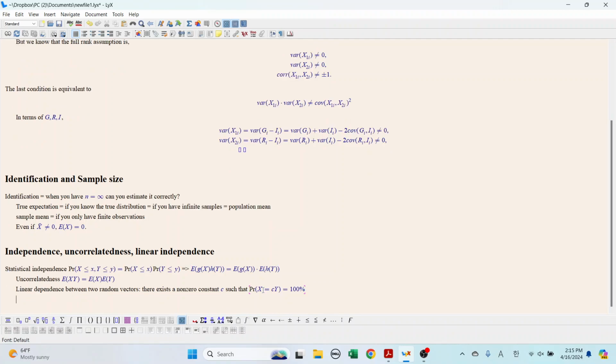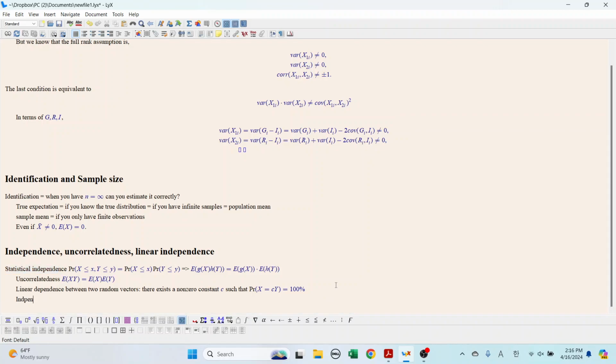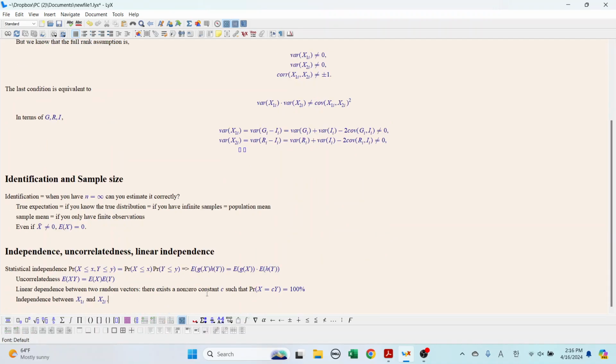And then let's think about simply statistical independence. You may think about independence between x1 and x2. So here x1 and x2 can be linearly independent, or statistically independent. That is possible.